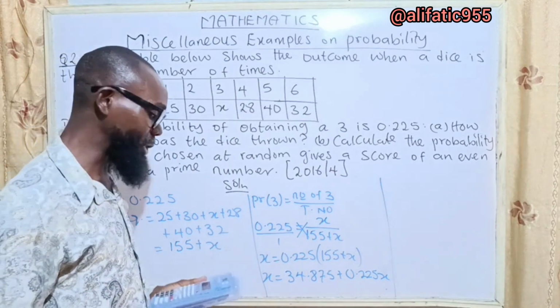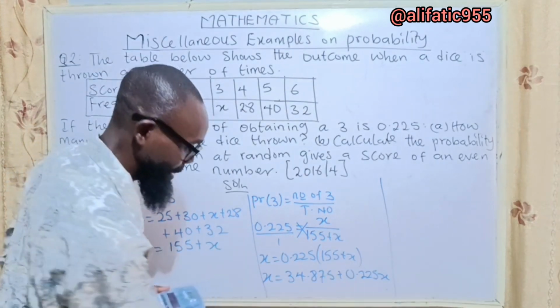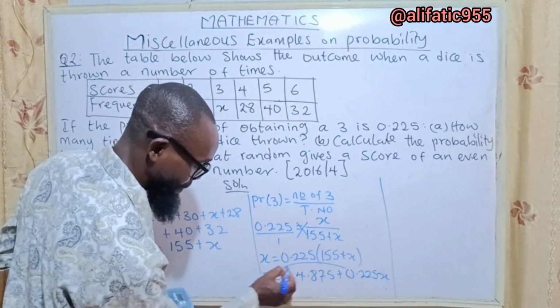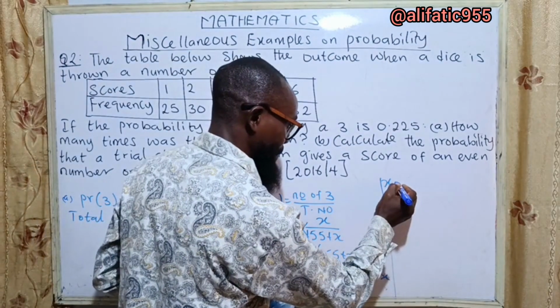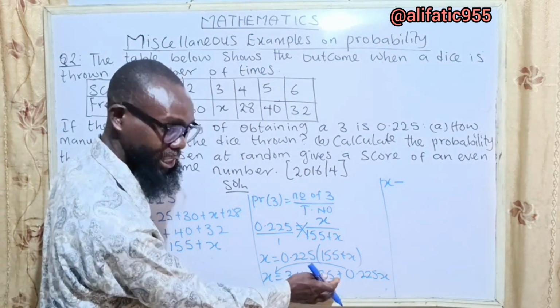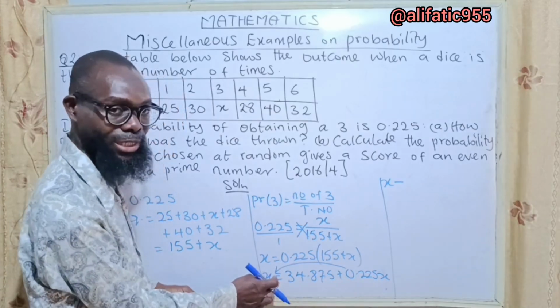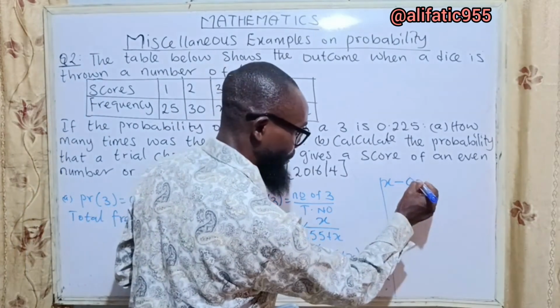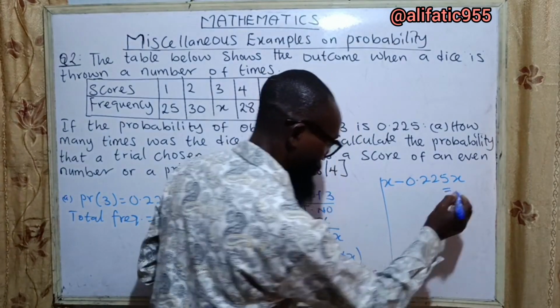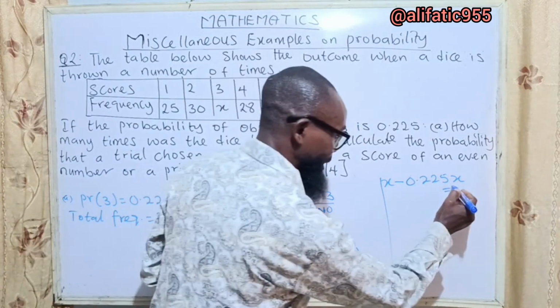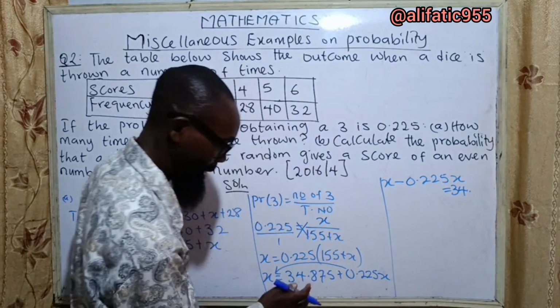The next step is to collect like terms. So we have x minus, when positive crosses the equals sign, change it to negative, minus 0.225x is equal to this value, 34.875.